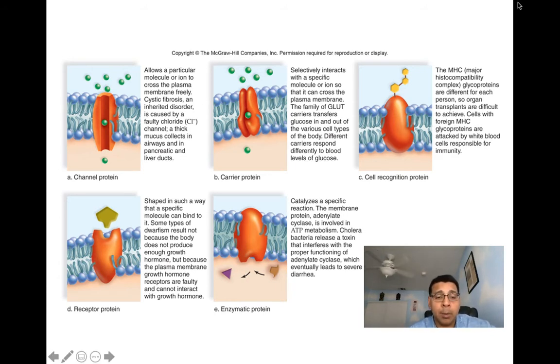Here we've got a protein with a specific shape, and a molecule that has the same shape as this receptor. If this molecule were triangular shaped, it wouldn't be able to fit in here, and it wouldn't be able to elicit a response from the cell.